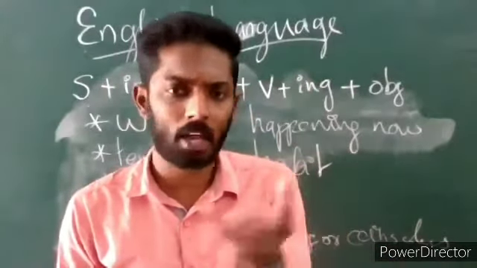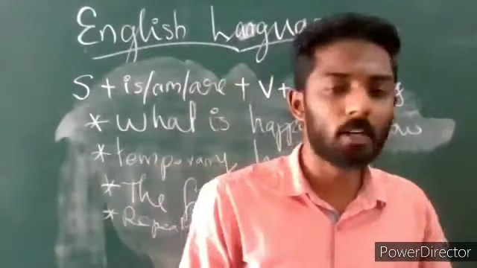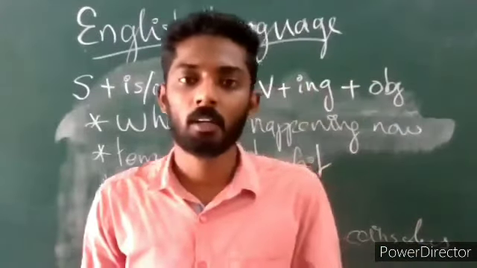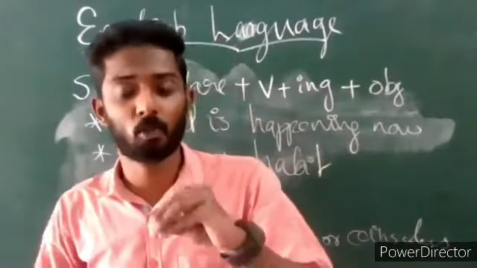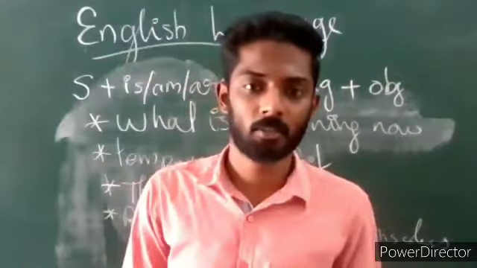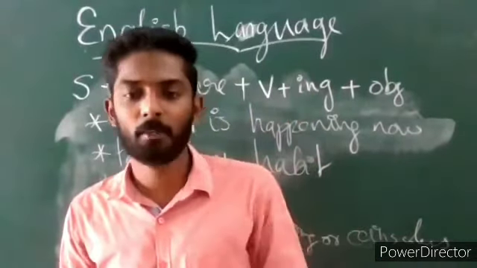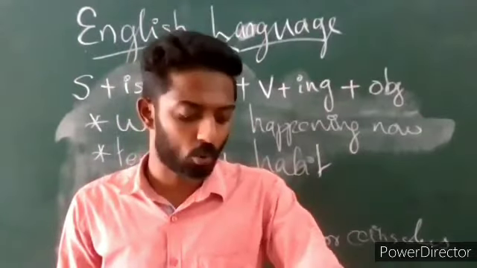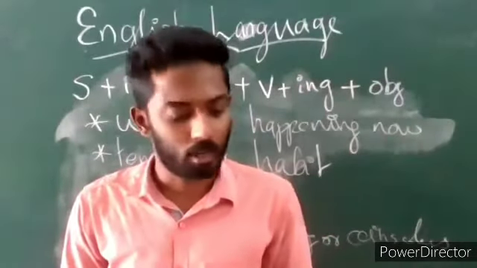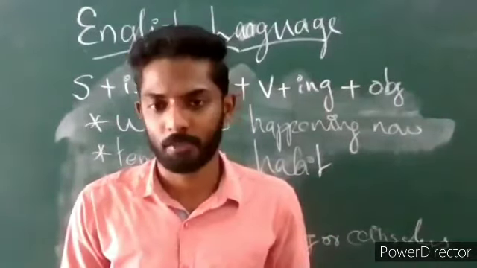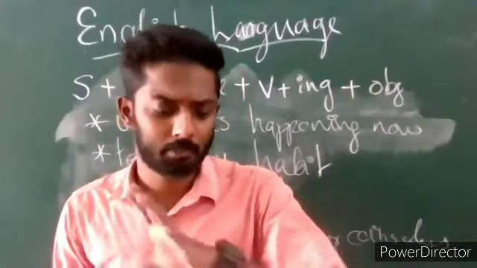So it can happen like maybe a coincidence, but we may not be able to give a proper explanation for this. Okay, so in order to speak about a repeated happening or a coincidence, we use present continuous tense. So this is all about the present continuous.